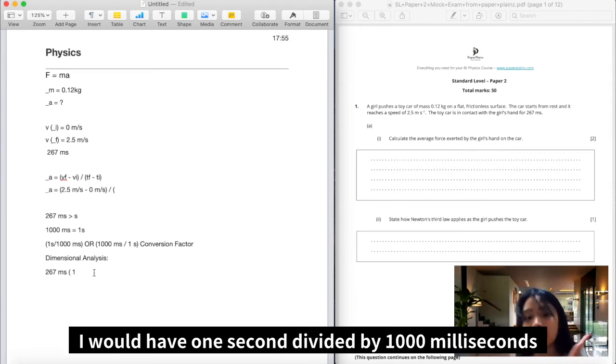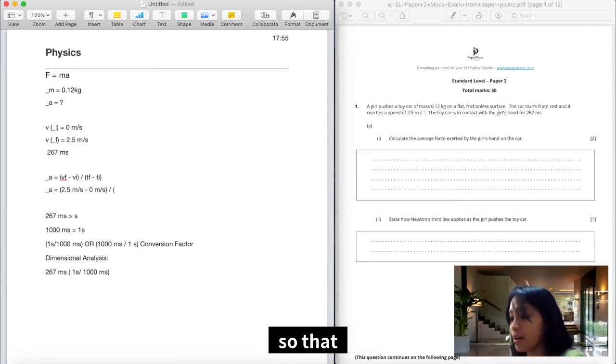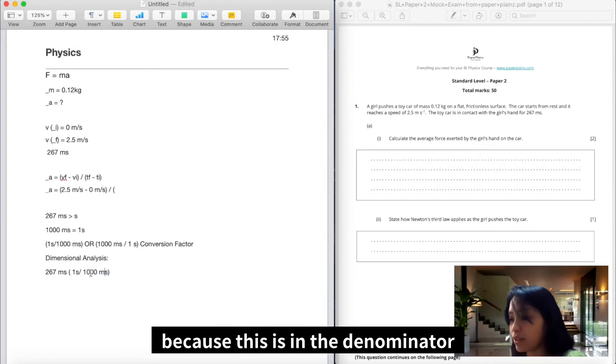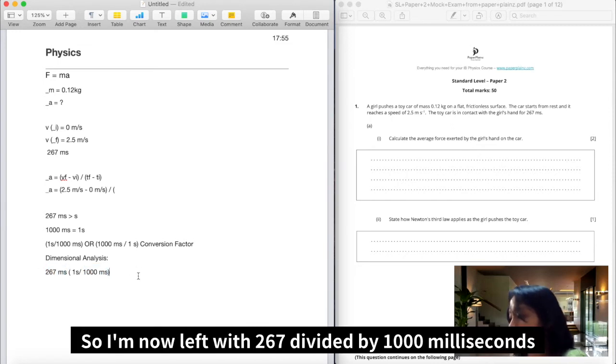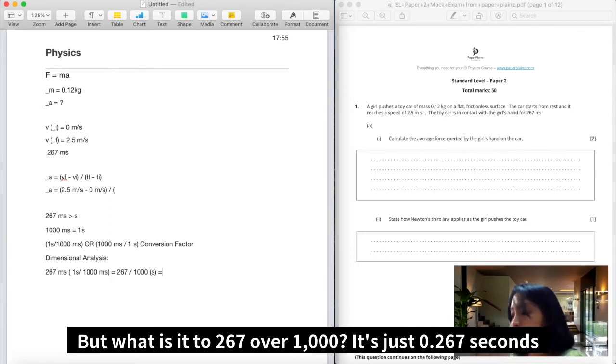So later on, I can cancel out the millisecond term. So I would have 1 second divided by 1000 milliseconds. That lets me cancel the milliseconds here because one is in the denominator and the other is in the numerator. So I'm now left with 267 divided by 1000 and my unit is seconds. But 267 divided by 1000 is just 0.267 seconds.